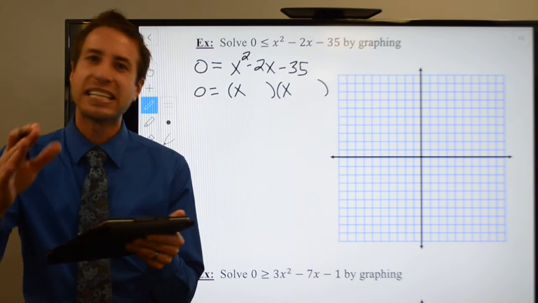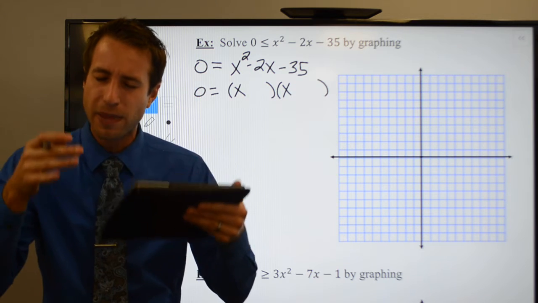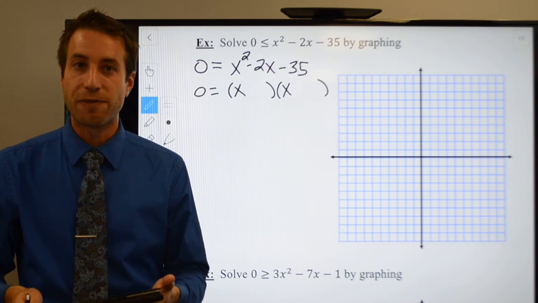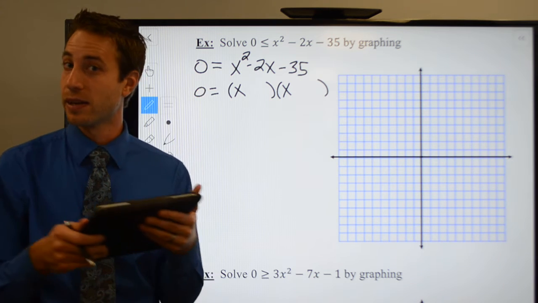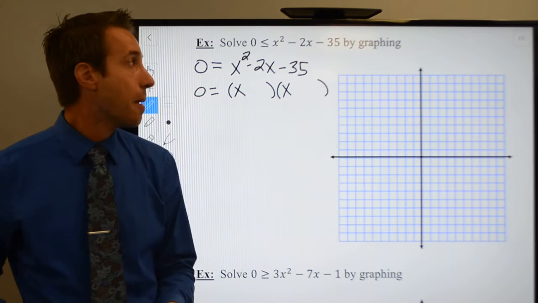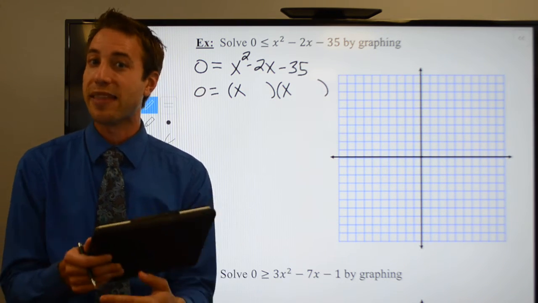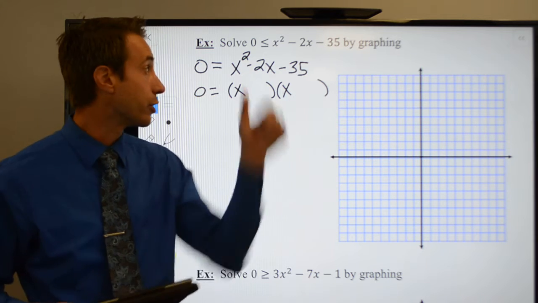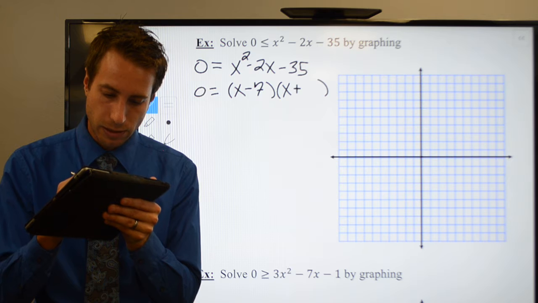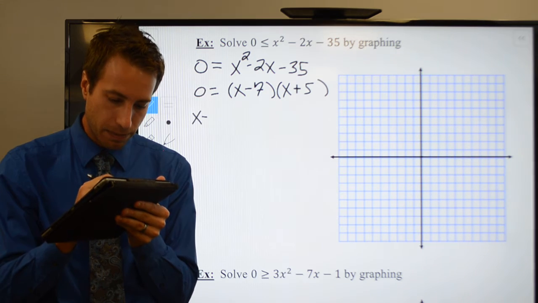You may need to do a little bit of guess and check, but hopefully you can pretty quickly come to the realization that to get 35 would be a negative 7 and a positive 5, because 7 times 5 is 35. But it would need to be a negative 7 and a plus 5, because when you add them together, negative 7 plus 5 gives you your minus 2. So negative 7 plus 5. Well, the zero product property lets me split them up.